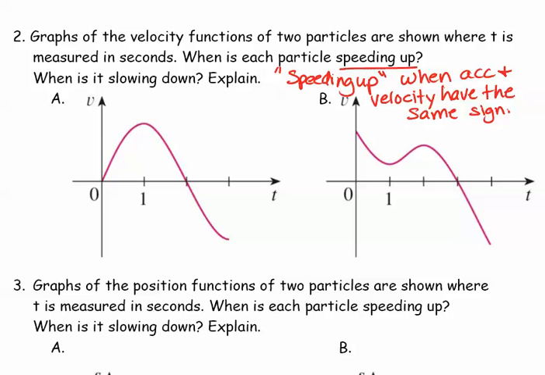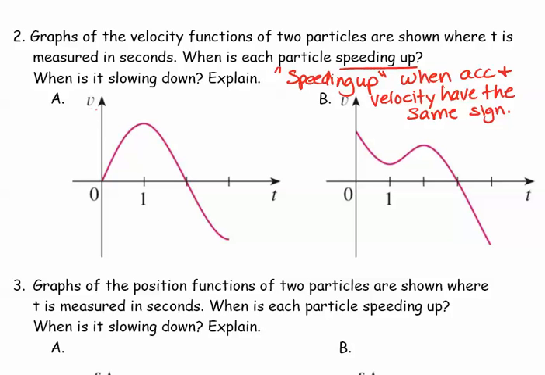I don't know if I would be able to stop you, but I certainly would slow you down. So that would be because the acceleration would be contrary to the velocity. So when acceleration and velocity are both positive, you're moving faster in the forward direction. When acceleration and velocity are both negative, you're moving faster in the negative direction.